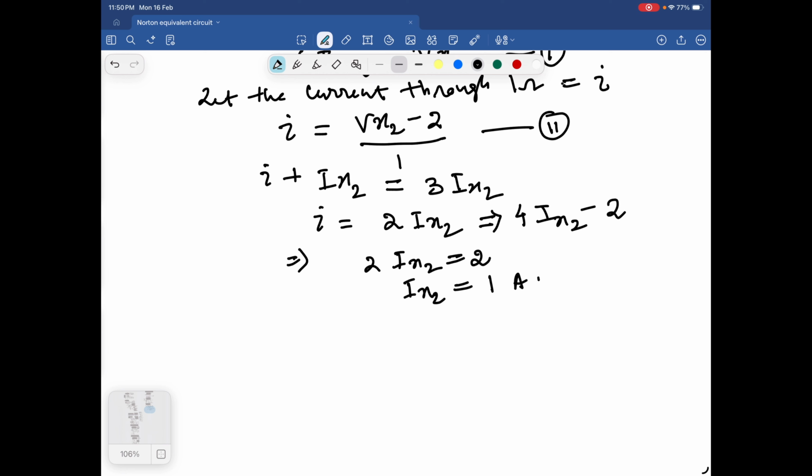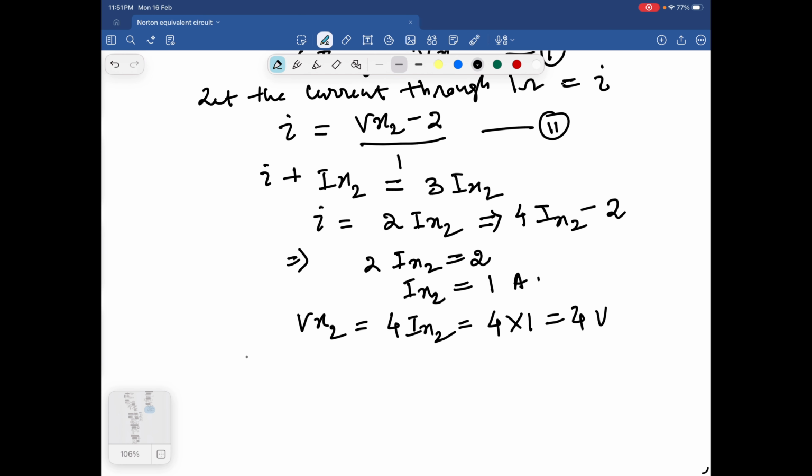Now what is Vx2? Vx2 is equal to 4Ix2, so this is 4 into 1, which is 4 volt.